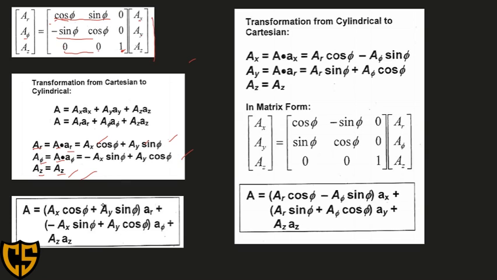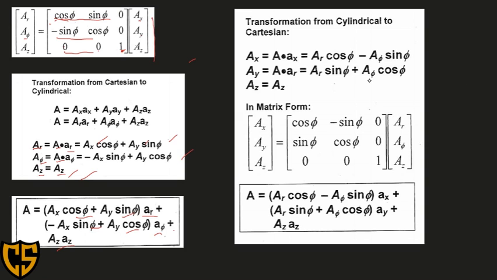So that will be ax cosine phi, ay sine phi, then butangan naton sang unit vector ar plus negative ax sine phi plus ay cosine phi, then a phi liwat plus az, then az. So that's it for the transformation sa Cartesian to cylindrical. So we will have an example sang sining nga mga transformations sa next nga discussion.